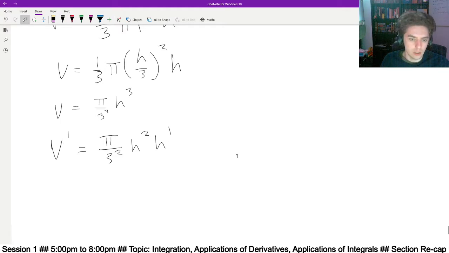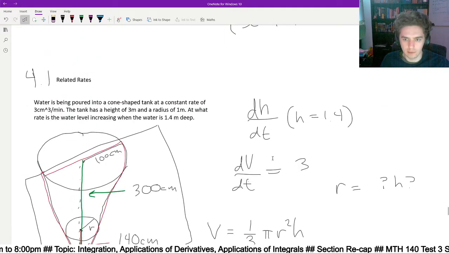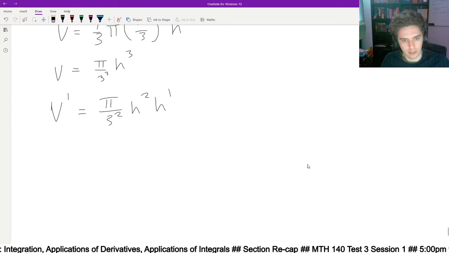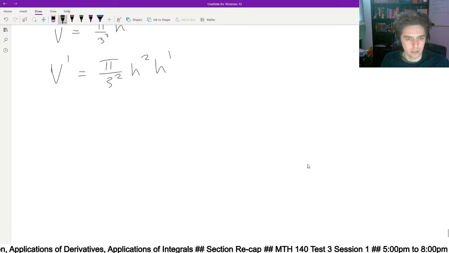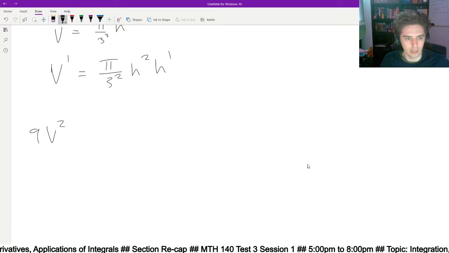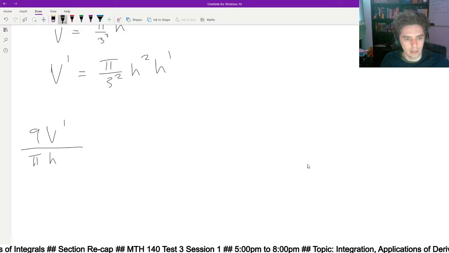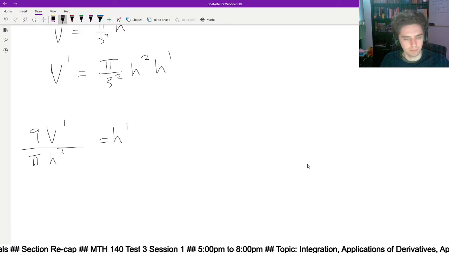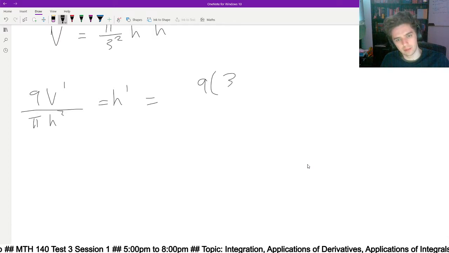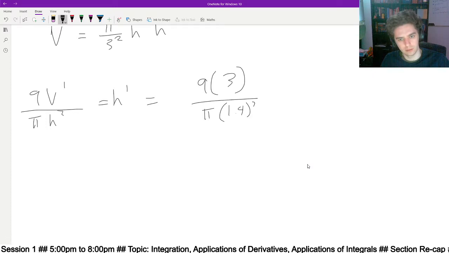Great. So now I can solve for, the question was asking for dh dt when h equals 1.4. So this is our dh dt. I can just solve for that, right? So it's going to be 9 v prime over pi h squared equals h prime. Now let's plug in all the numbers we know. 9 v prime is 3 over pi h is 1.4.